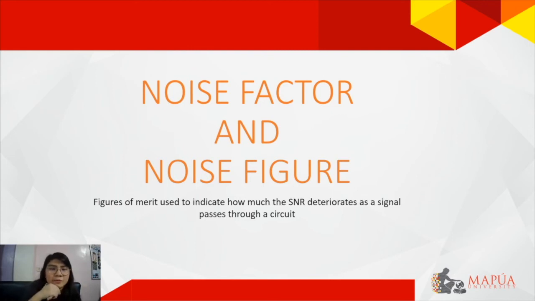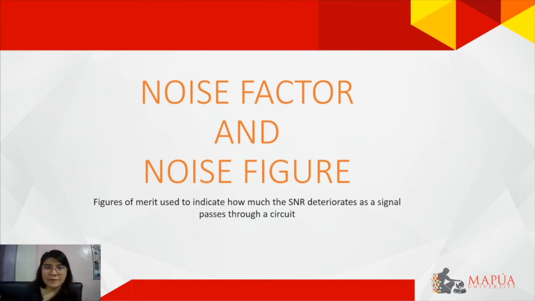If the systems were perfect, then no noise would be added to the signal when it passes through the system, and the signal to noise ratio would be the same at the output as at the input. As we all know, this is not the case, and some noise is always added, which means that the signal to noise ratio, or SNR, at the output is worse than at the input.